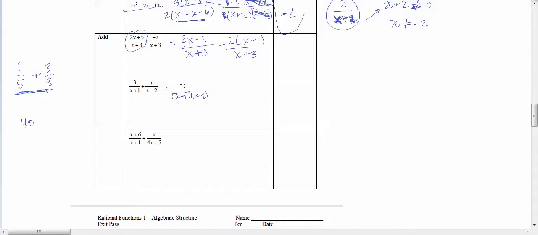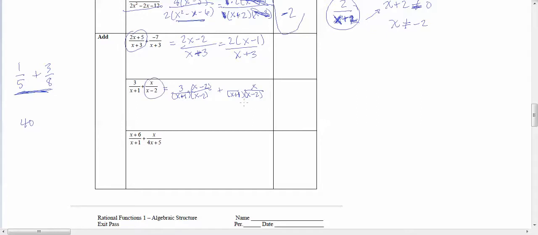Here's my first term, the 3 over x plus 1. In order to make that the same denominator, I need to multiply the 3 by x minus 2. Similarly, I want x plus 1 times x minus 2 as my denominator, and I have an x over here from this second term.